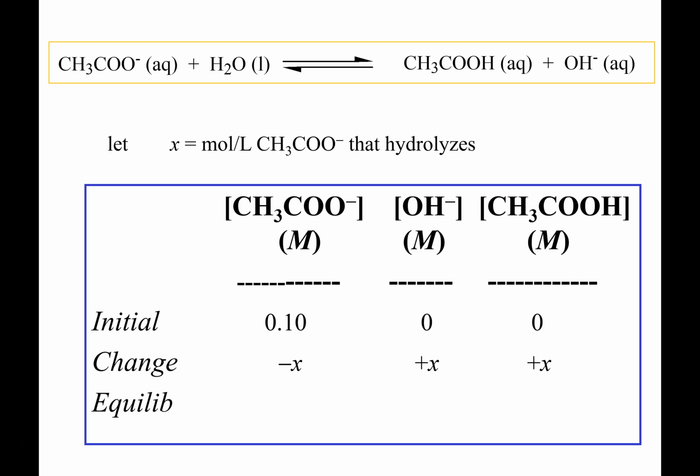And then at equilibrium, we take your initial and apply the change. So at equilibrium, for the weak base, it's 0.10 minus X. For the hydroxide ion, which is what we're after here to get to our pH, it's X, and then X also for the CH3COOH, acetic acid. I don't know if you remember, but we have that simplifying assumption.